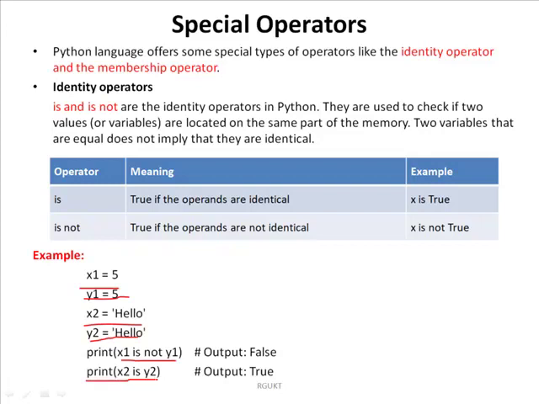Print X2 is Y2. Both these values are identical, so it is returning true. So two things you need to remember: if the two operands are identical, is returns true. Is not returns true if the operands are not identical.